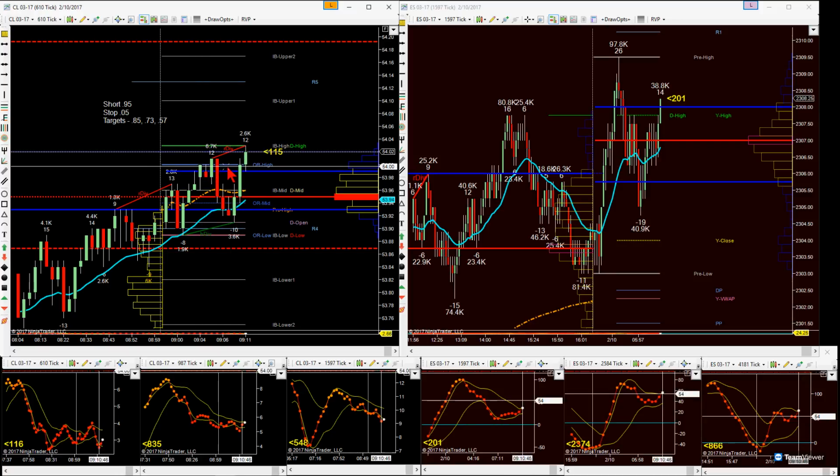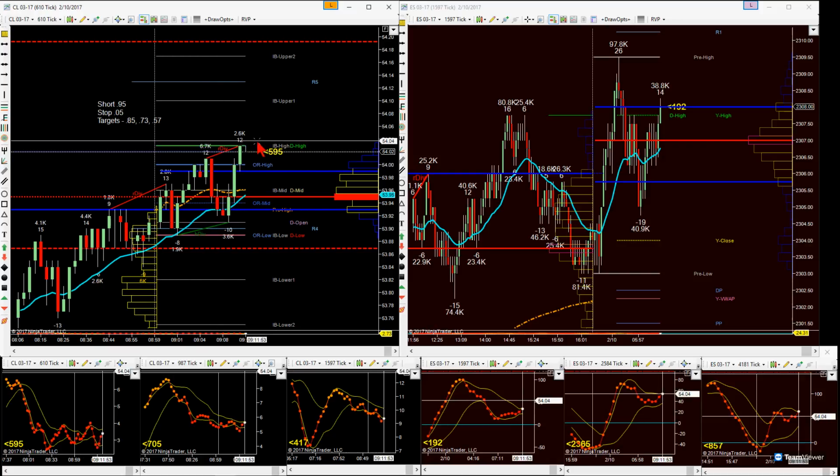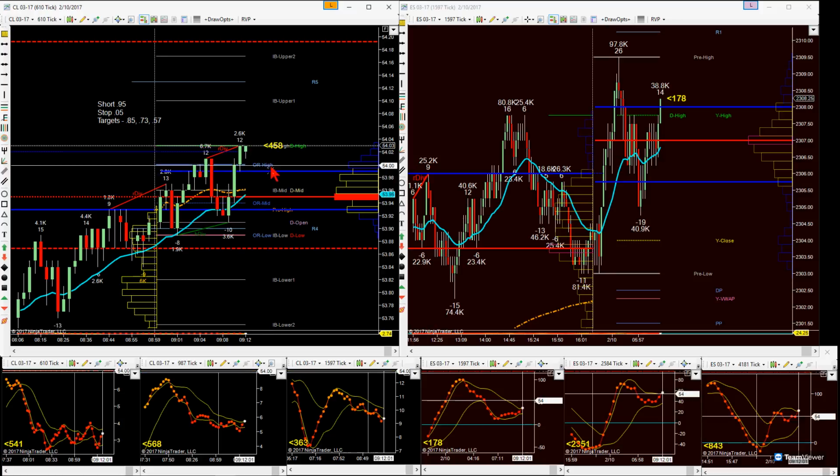You still have it on the 1597. 987 is barely negative, which is still good right now because, well, now it's positive. Because not only are you flat at the high, you're actually creating a new high, and not creating a new high on the BBs. So it still looks like it could be setting up for a decent short, but I'm going to want more information to jump into a short.